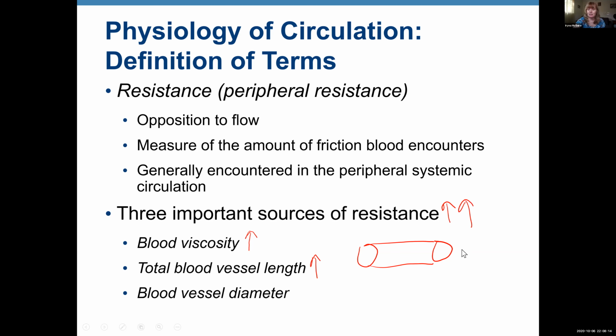Now, blood vessel diameter. If you have a blood vessel like this and a blood vessel with a smaller diameter, when we increase the blood vessel diameter, resistance decreases. So it's inversely proportional.